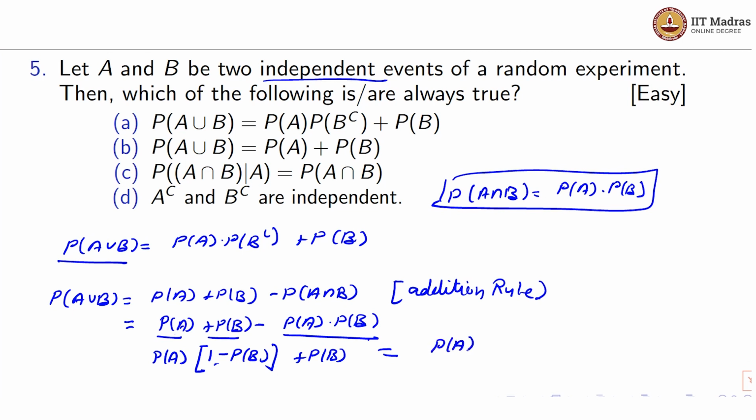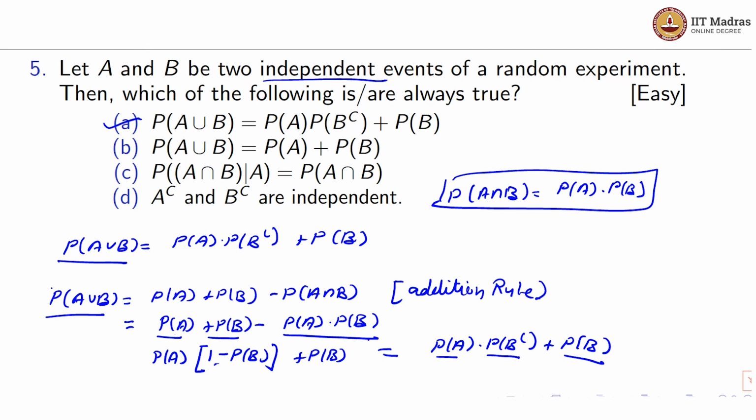So this is P of A into P of B complement, plus P of B, which is already there. So from here P of A union B I got as P of A into P of B complement plus P of B. So this equality will always be true when A and B are independent events.